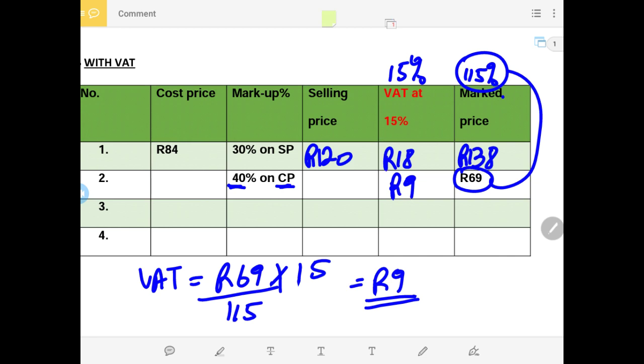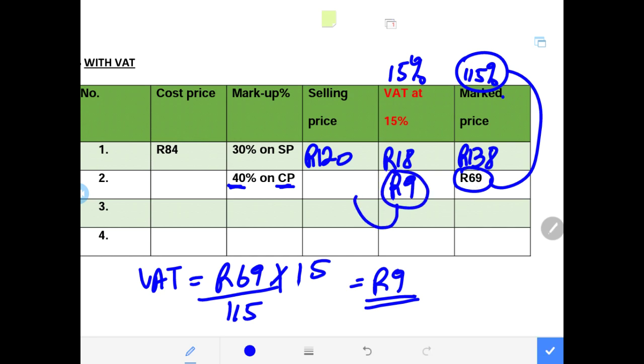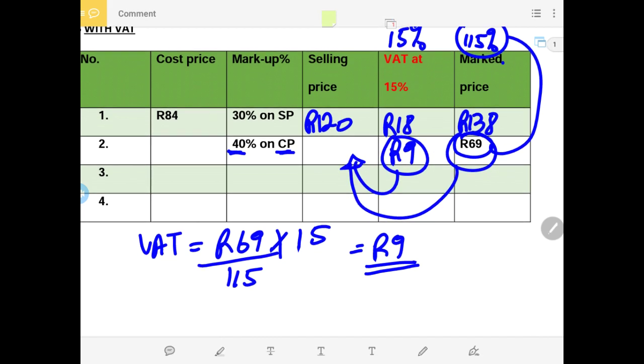Therefore, now we do have the amount of 9 Rand. We can move now to the selling price. We can move from here to the selling price or from here to the selling price. It does not matter which one we use. You still get to the same correct amount.